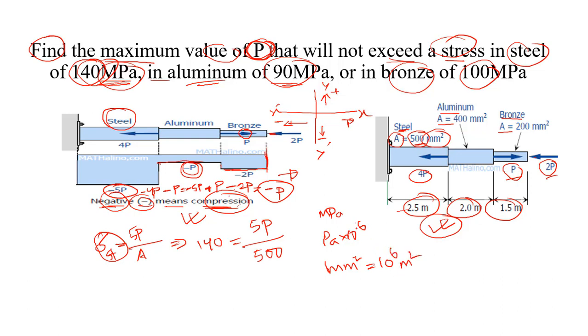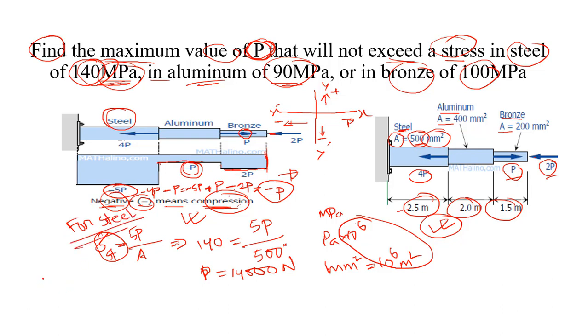So that's why we didn't do any simplification, we just put down this area value. After that we get P equals 14,000 Newton. Okay, same way for steel.